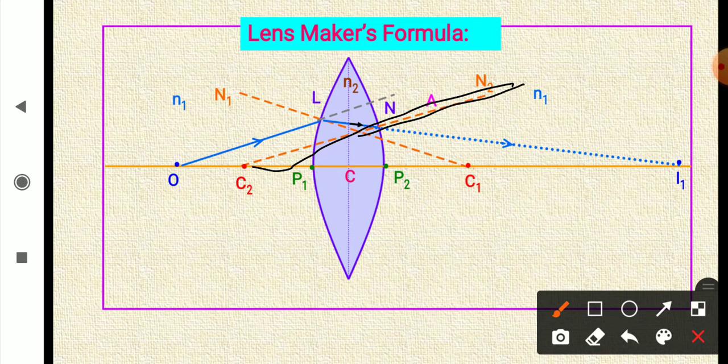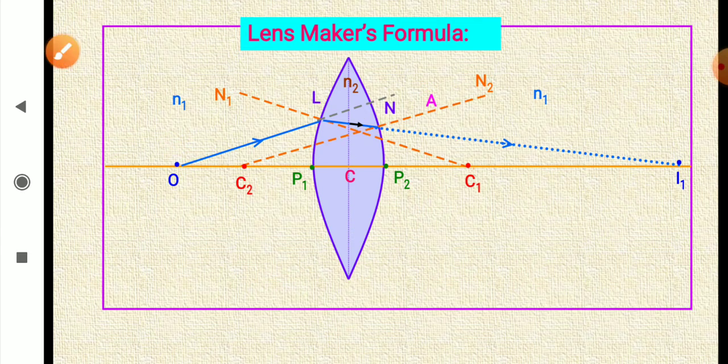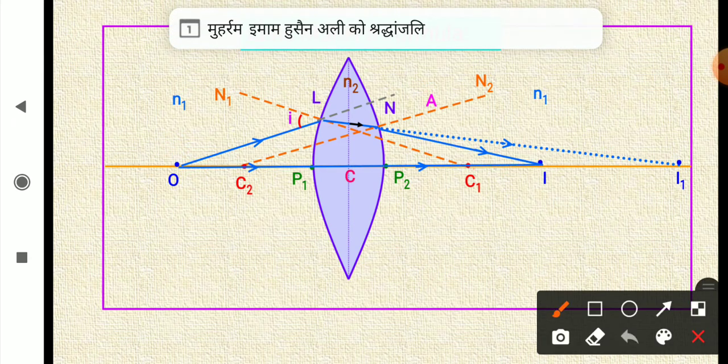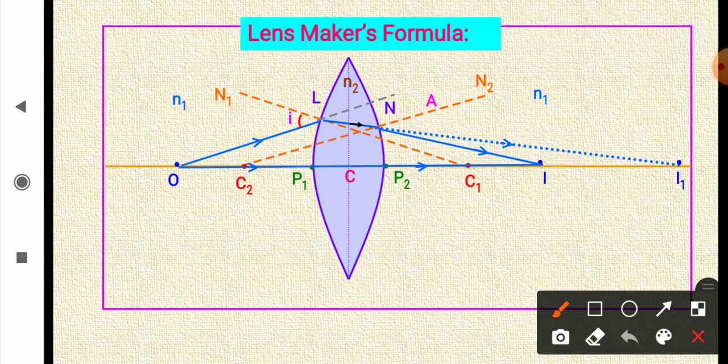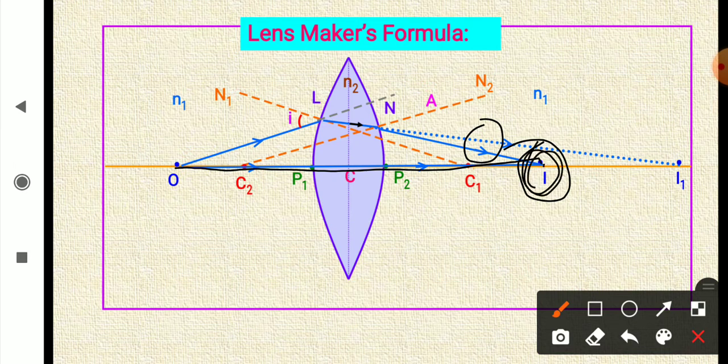The normal is here, the original path is this, so the light has to bend away from the normal. So when this happens, you can see that the light has bent away from the normal, and it is reaching the principal axis at this point, and the light ray coming along the principal axis is also reaching here. So a real image is formed at this point.